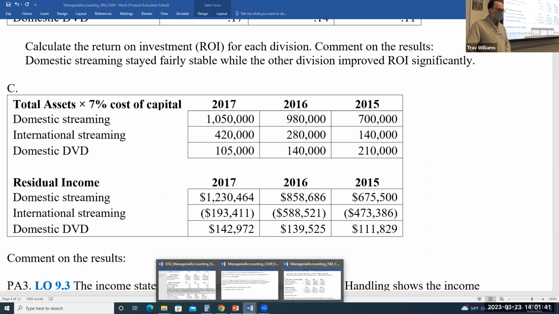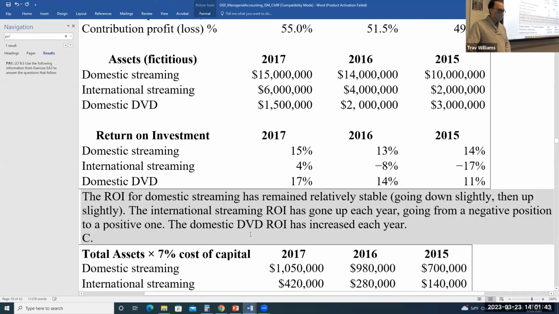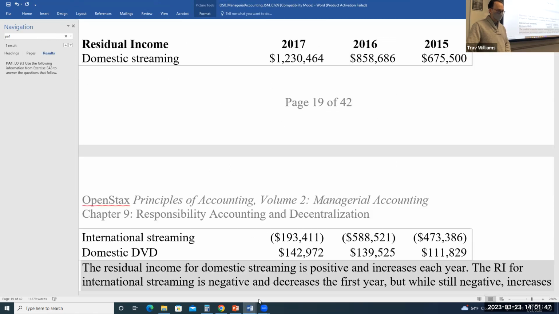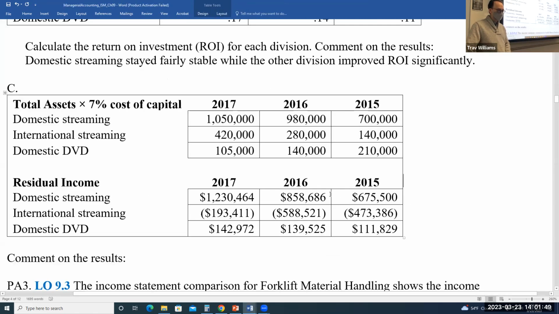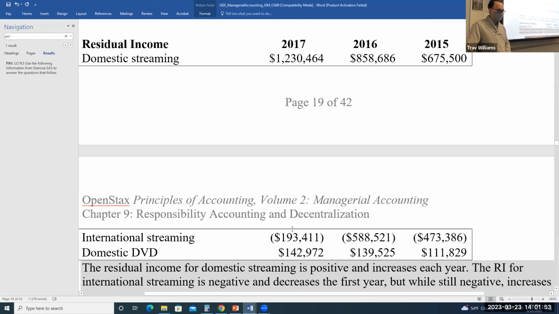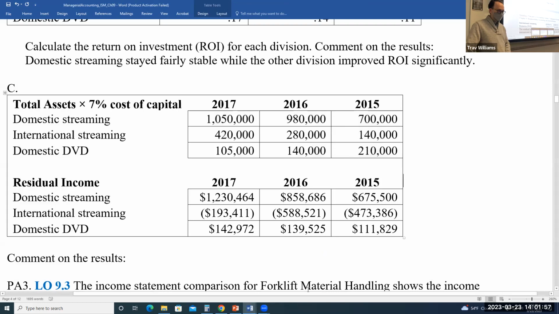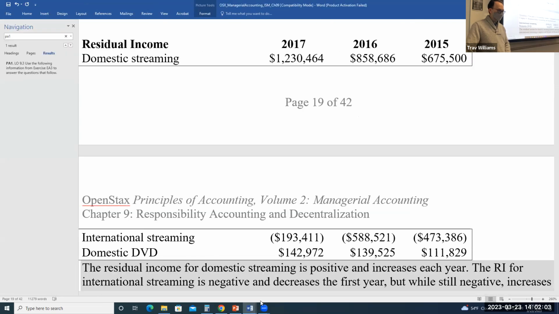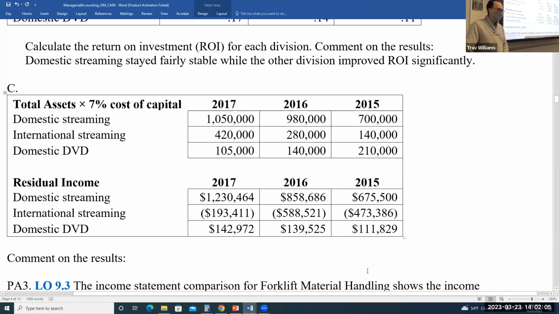Okay, well, let's make sure these look right. So that's good. Okay, I think that's all correct. So we've done our residual income calculations.